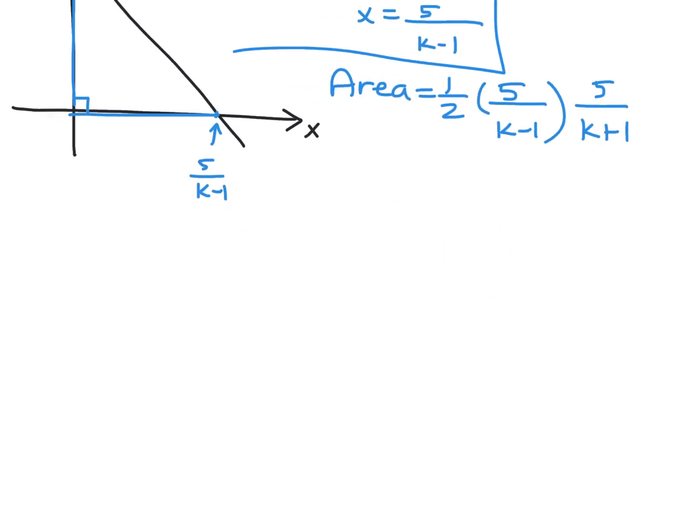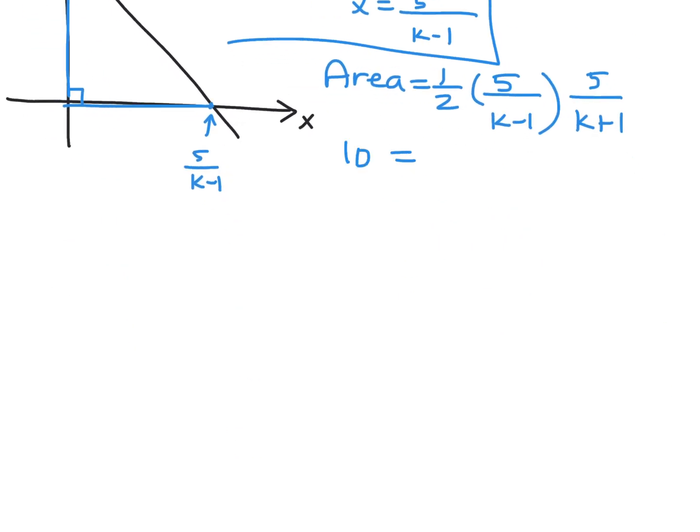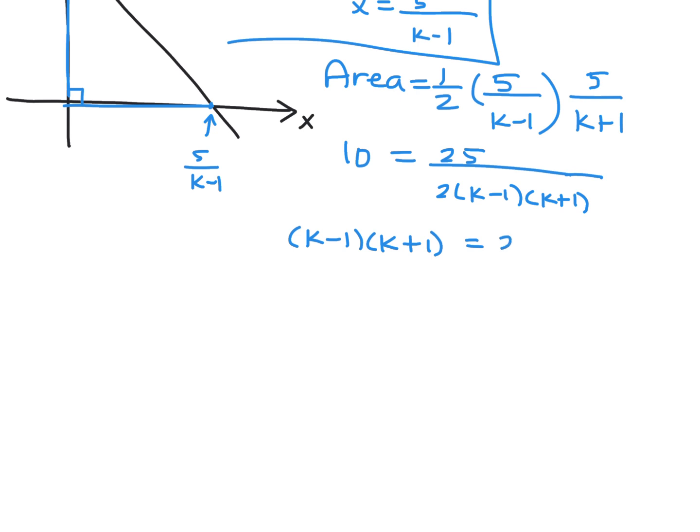So now we just have to solve this. 10 is equal to 25 over 2 times k minus 1 times k plus 1. So that means that, let's see here, k minus 1 times k plus 1 would be 25 over 20.